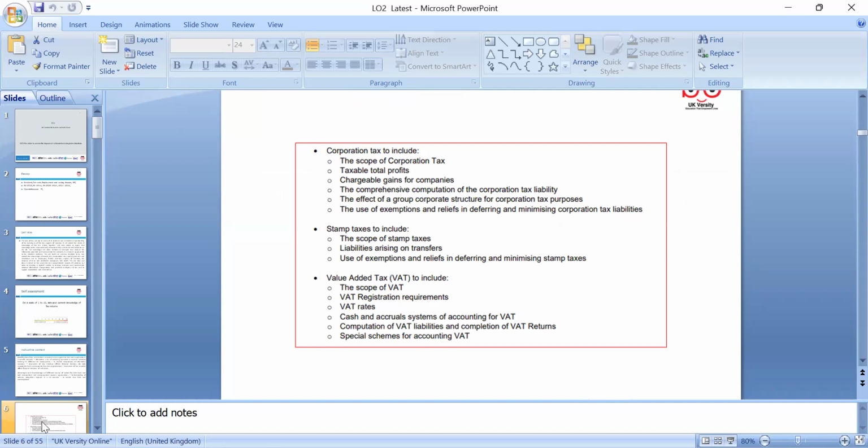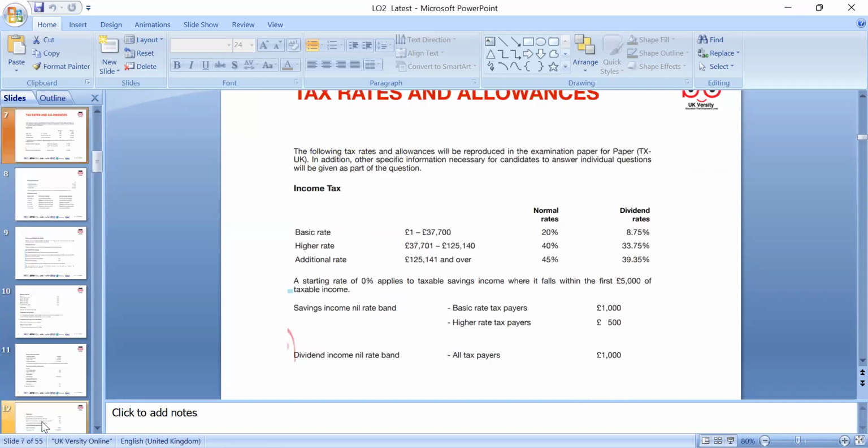So we mentioned the rates last lesson. These are the rates, Finance Act 2023. The basic rate: 12,570 is the tax-free personal allowance, and if anybody earns 1 to 37,700, 20% tax, and the dividend rate is 8.75. Higher rate is from 37,701, and then additional rate is 45%.